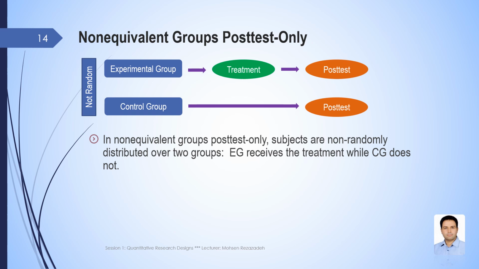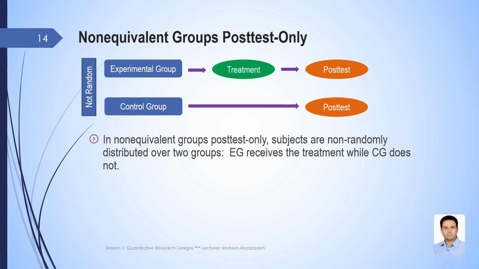It is just like the other design we talked about previously, but the fact is that here we assigned the students to the groups non-randomly. That is, maybe it is the case that we choose one class as the experimental group, and we choose another class as the control group.